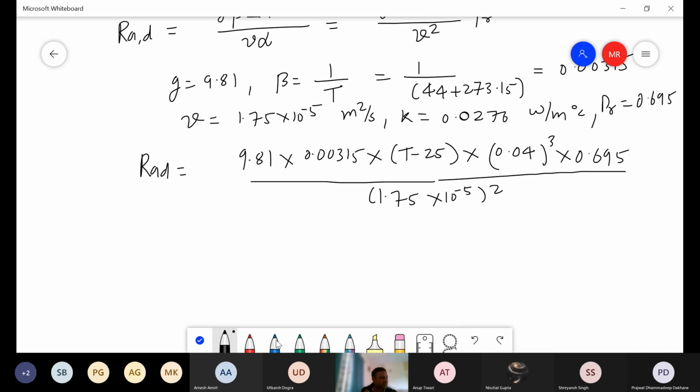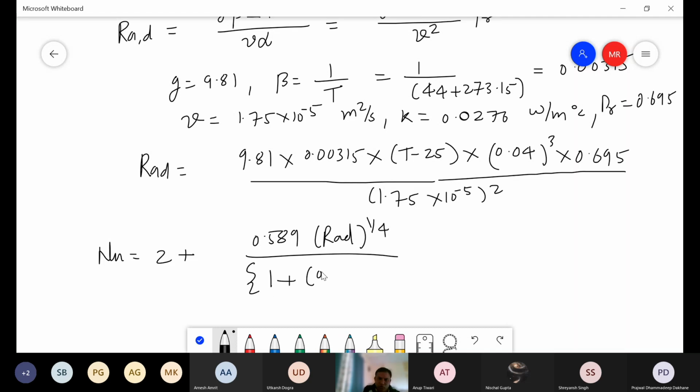Now the correlation used in this case should be this. Nusselt number is given as 2 plus, I'm writing the correlation, 0.589 Rayleigh number raised to power 1 by 4 divided by the bracket 1 plus 0.469 by Prandtl number raised to the power 9 by 16, and this entire bracket is raised to 4 by 9.